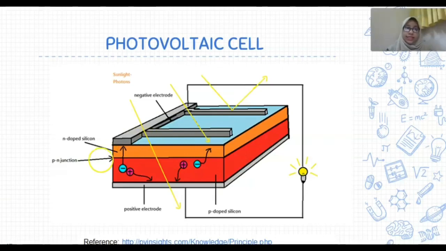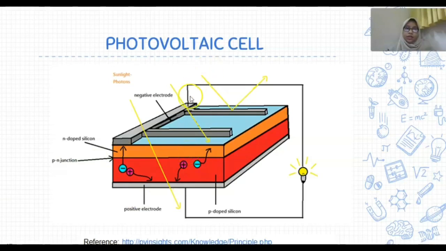So since there is an internal electric field, it will create separation of charge. The electron will move to the negative electrodes, while the hole will move to the positive electrode. This will create the separation of charge between the positive and the negative.